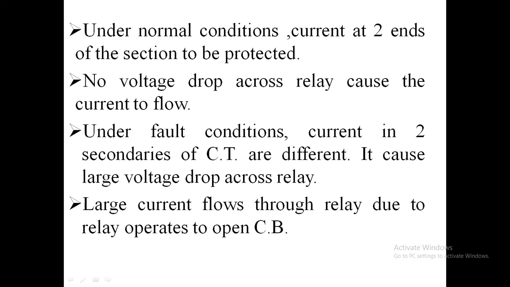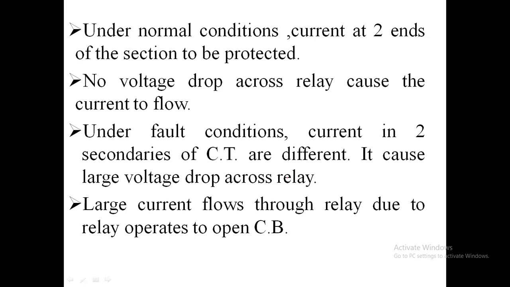When the system is healthy, equal current flows in both primary windings. Therefore the secondary voltages of the two transformers balance each other, and no current flows through the relay operating coil.